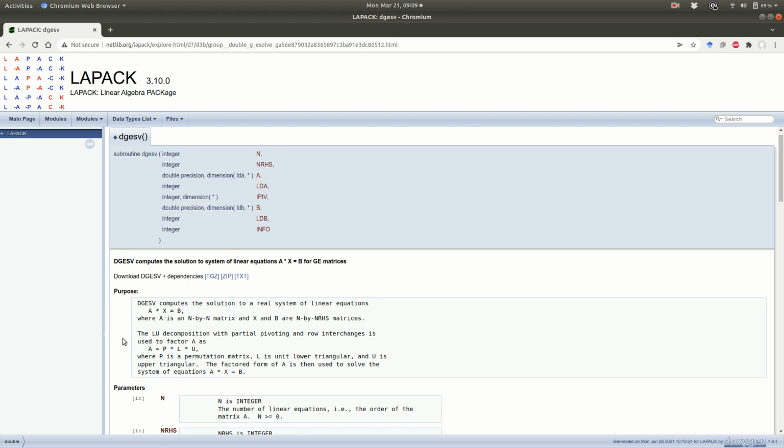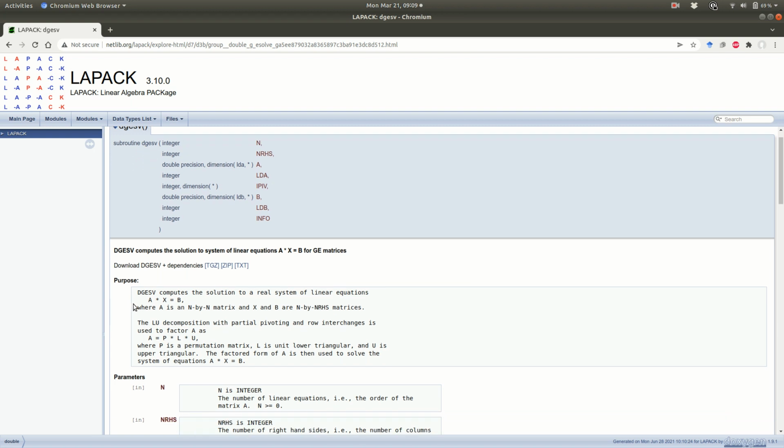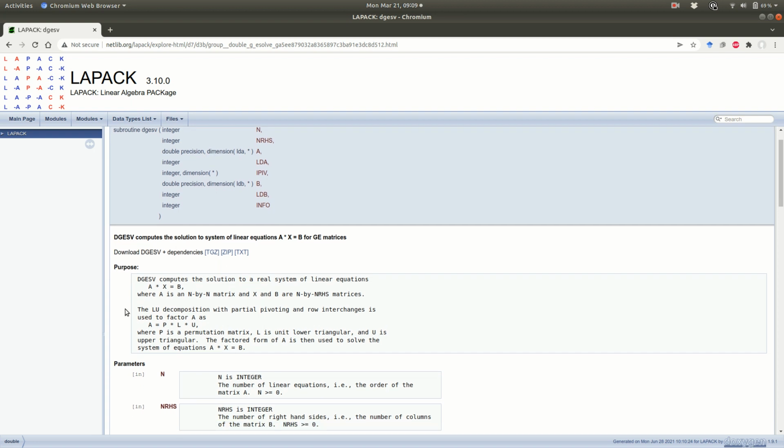Purpose: DGESV computes a solution to a real system of linear equations, AX equals B. And it says here the LU decomposition with partial pivoting and row interchanges is used to factor A. Factor means decompose, as A equals PLU, where P is a permutation matrix. Well, we haven't introduced P yet, but we will.